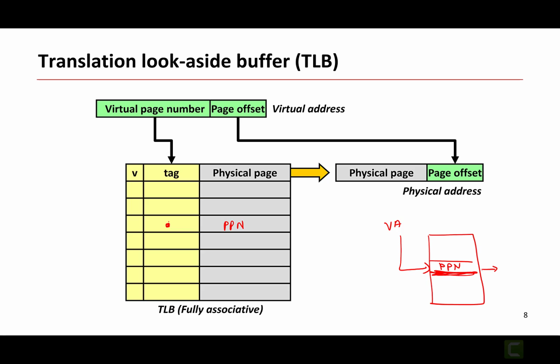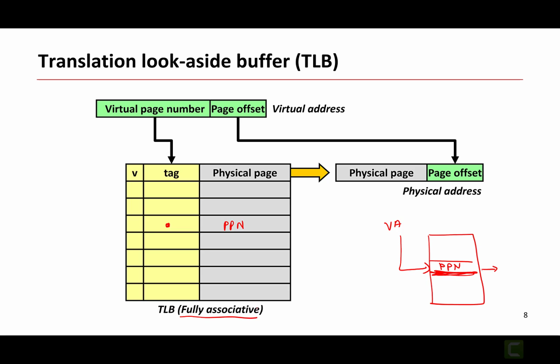So in this case, I'm not really exploiting any type of spatial locality at all, because my cache block size, TLB block size, is effectively just one page table entry. And there is also one more thing which is true about the simple cache that we talked about at the beginning of the cache lectures, which is that this structure is typically fully associative.